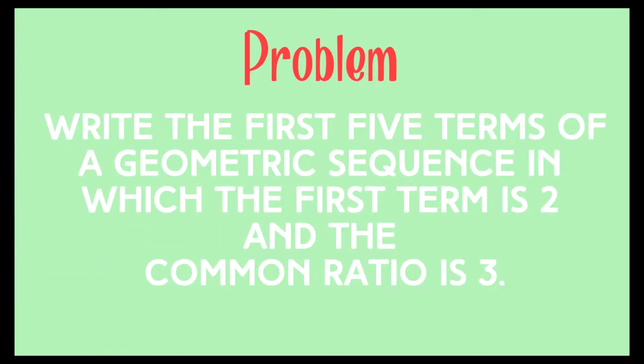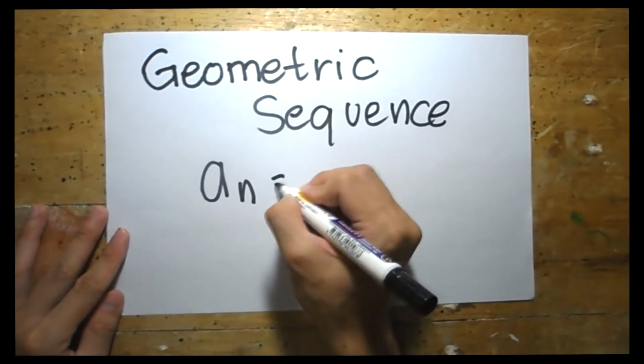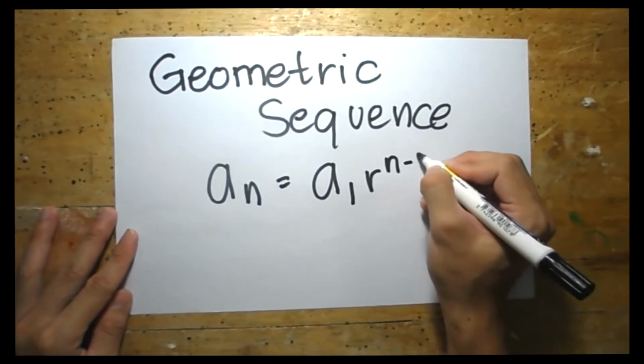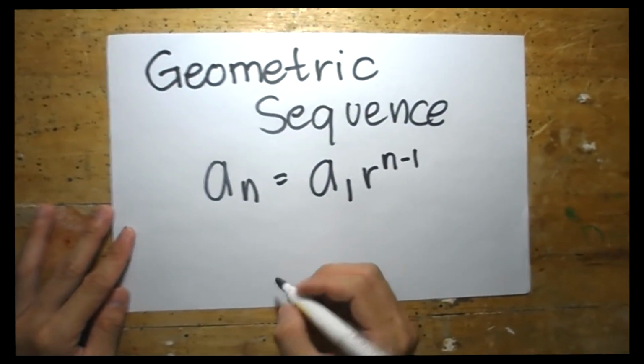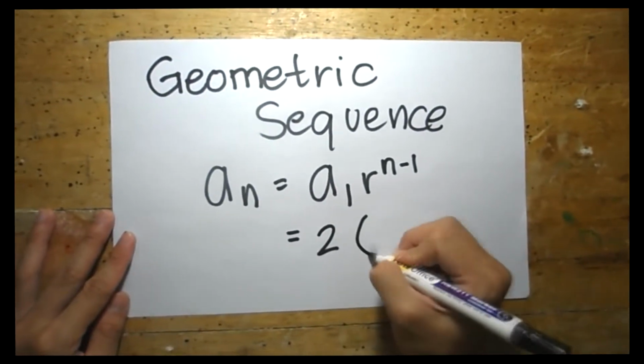Here we have an example problem. Write the first 5 terms of a geometric sequence in which A sub 1 is equal to 2 and the common ratio is 3. We use the first given formula wherein A sub 1 is equal to 2.